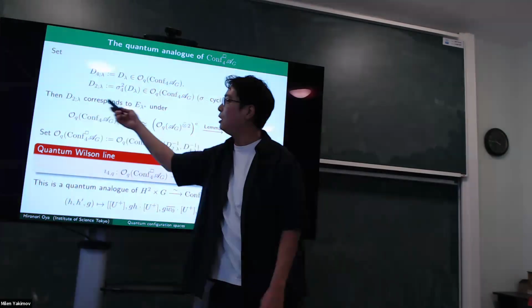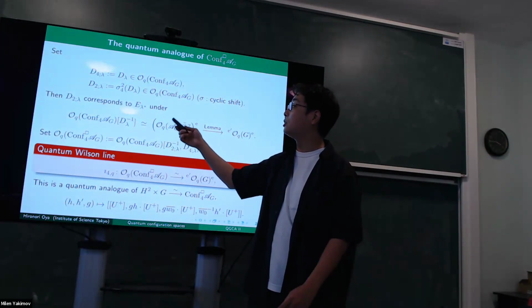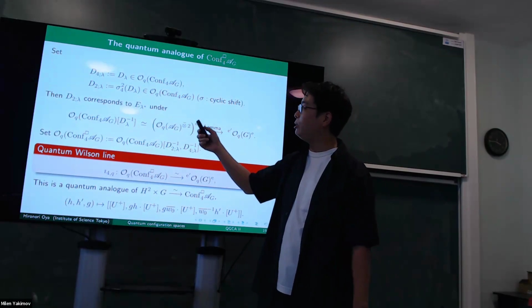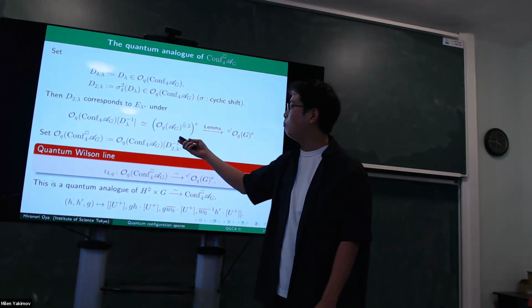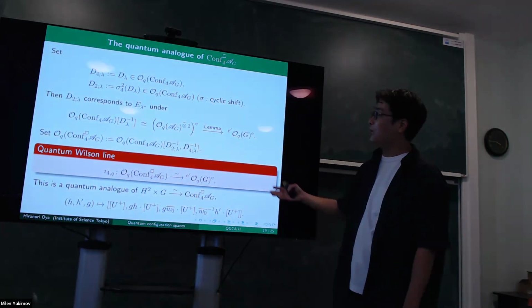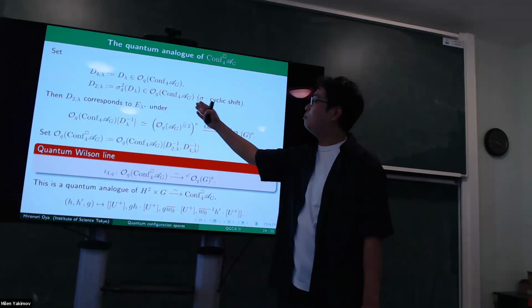This localized configuration space is isomorphic to the tensor square of the OQAG extended by Cartan. And by the previous lemma, we have a map from here to OQG extended by two parts.